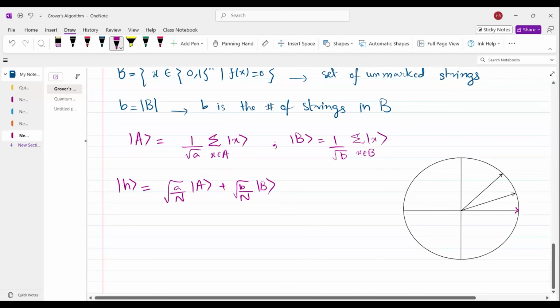This state is the B state, which is the equal superposition of all unmarked states, and this is the state A, which is the superposition of all marked states.